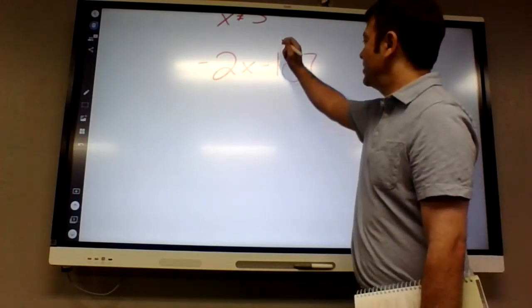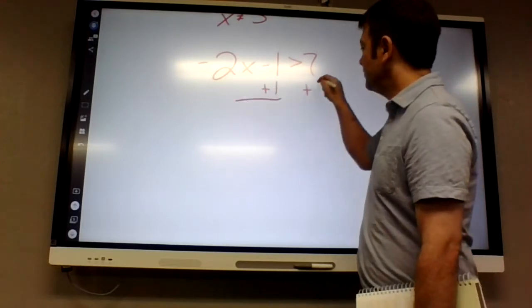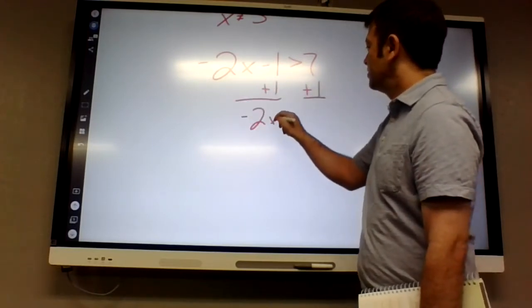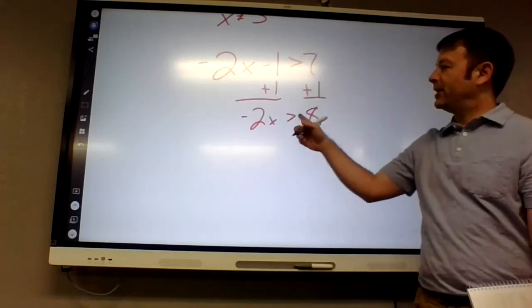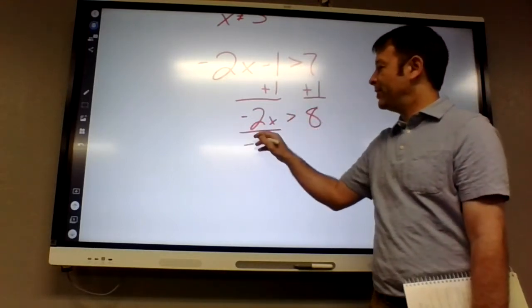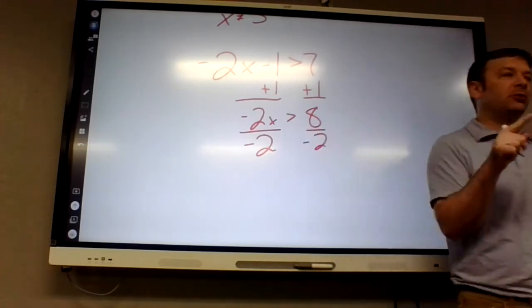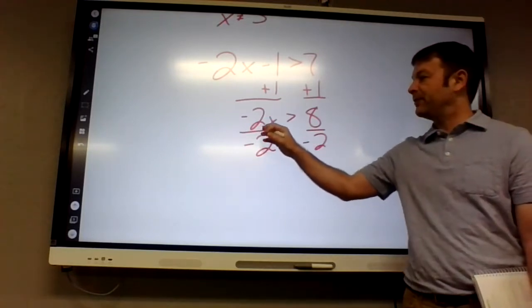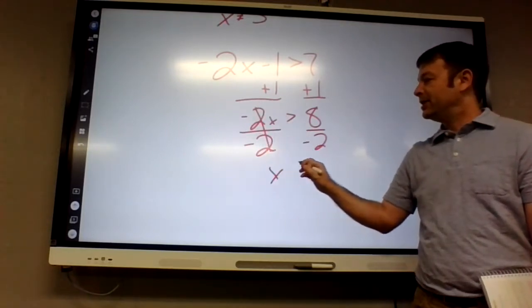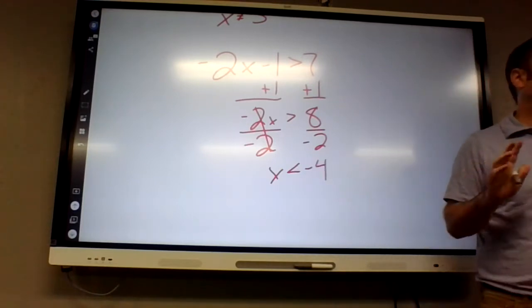But if I'm solving an inequality, I would do the same thing, so if it's a greater than, it stays a greater than. But if you ever have to multiply or divide by a negative, like I'm dividing by -2 here, the inequality is going to switch. That's the only difference.